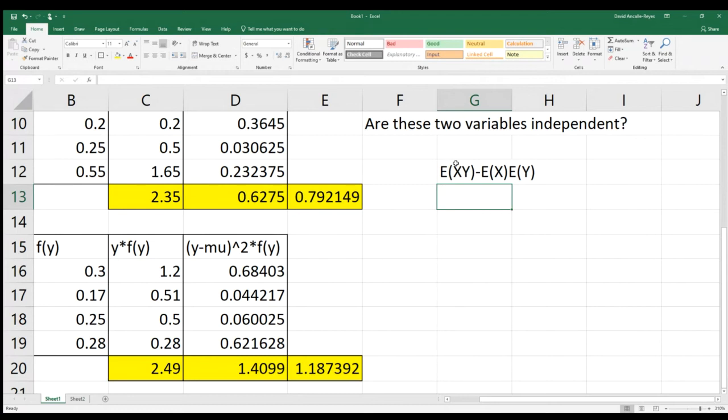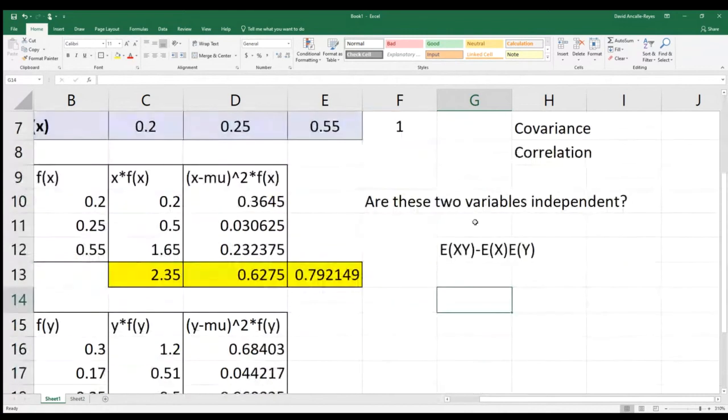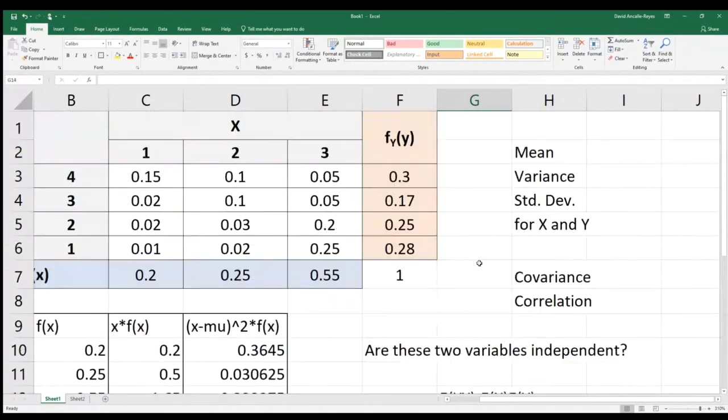If I plug in x into that function, I get the mean of x. If I plug in y, I get the mean of y. So all I'm asking you to do here is to plug in x and y. Wherever you had x, you just have x times y. Wherever you had the probability of x, you have the probability of x and y. How that would work is actually a little bit more tedious the way I saw it, but it's a little bit easier to explain.